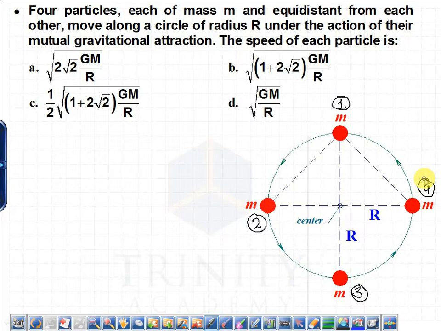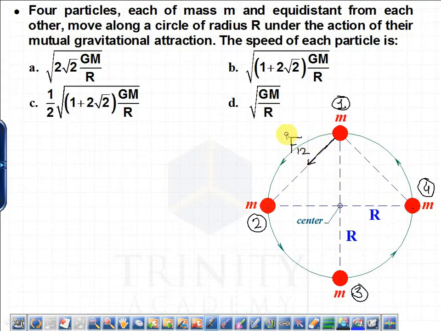If we focus on particle number 1, then particle 1 will be experiencing gravitational attraction from particles 2, 3 and 4. So this gravitational attraction force can be denoted like this: F12, that is the gravitational force exerted on particle 1 by particle 2.